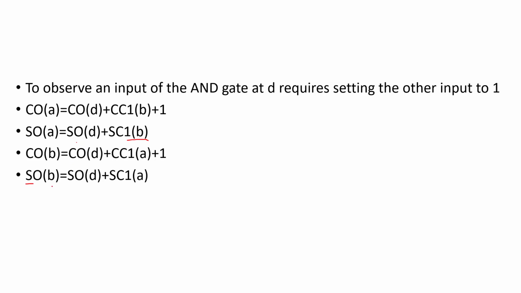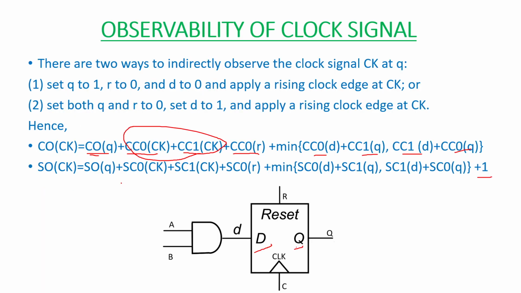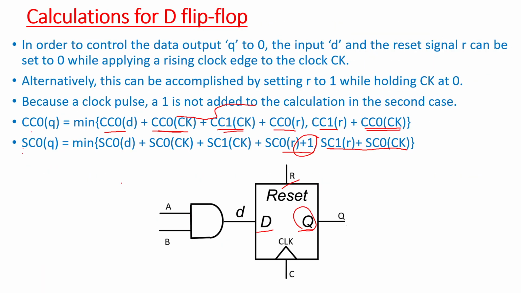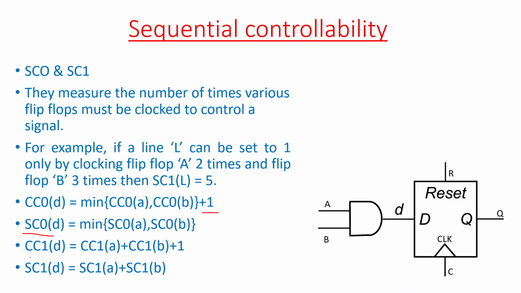Similarly, the sequential observability of B will be equal to the sequential observability of D plus the sequential controllability of A to 1. So this is the basics of how we can calculate the sequential controllability and observability measures for these sequential circuits.